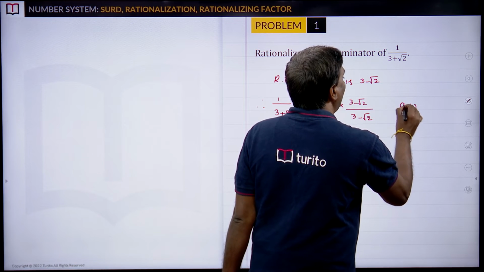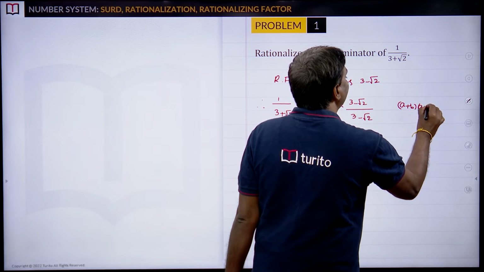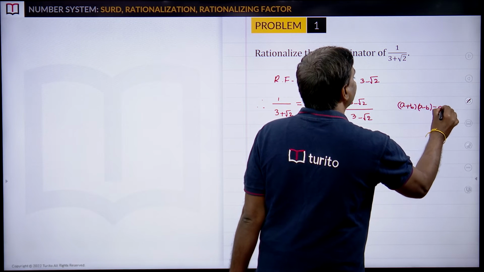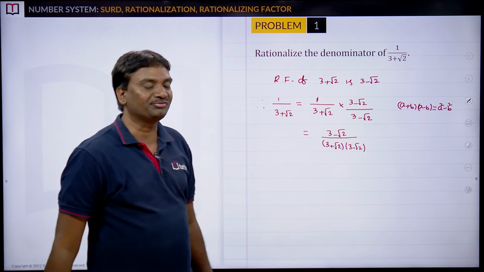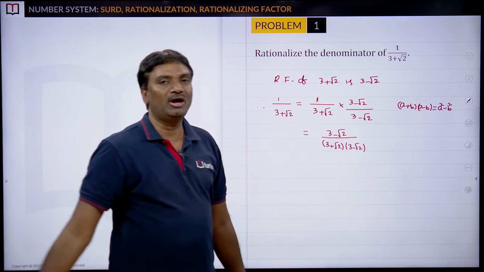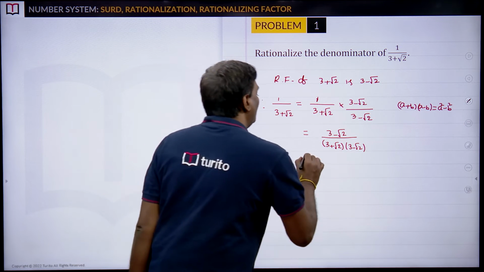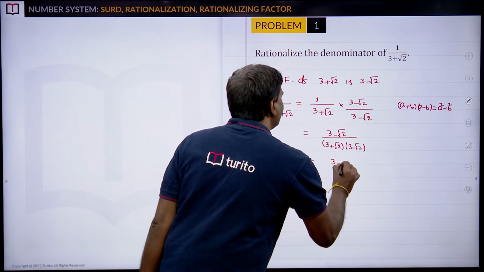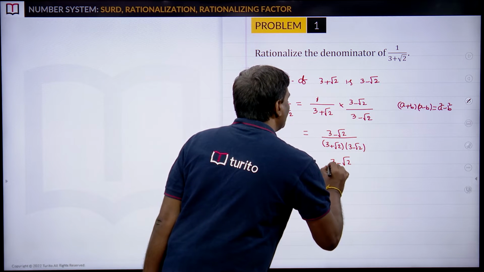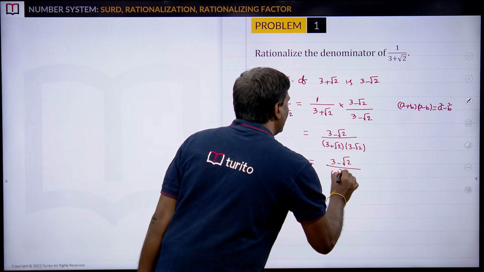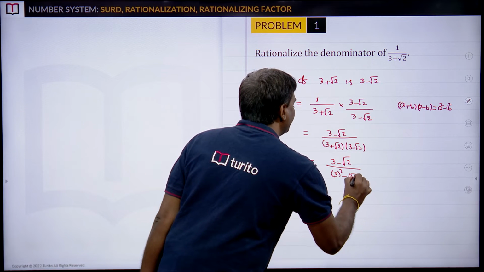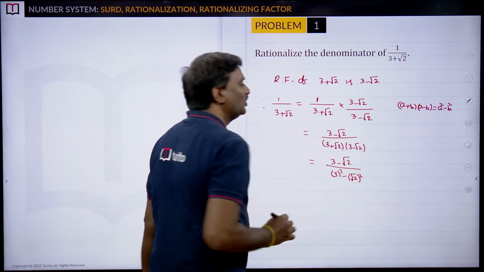So, we know the identity, a plus b into a minus b equals a square minus b square, where in place of a we have 3, in place of b we have root 2. So, we can write 3 minus root 2 by 3 square minus root 2 whole square.